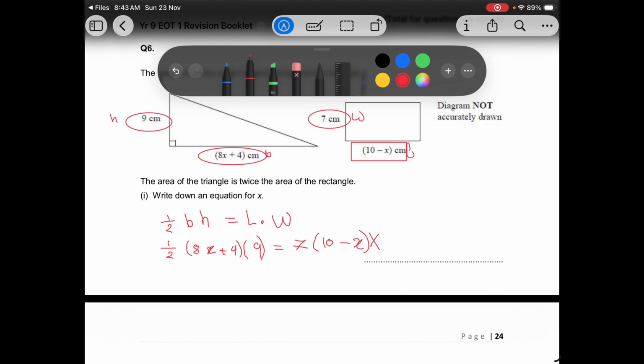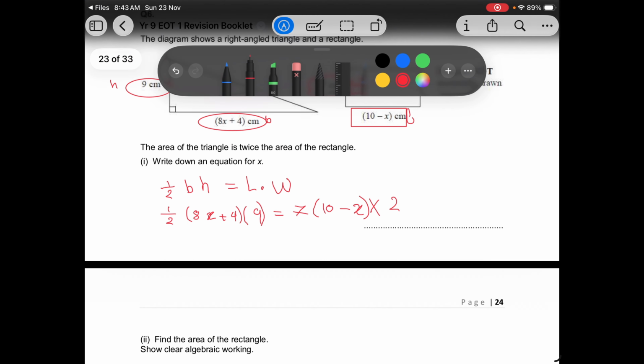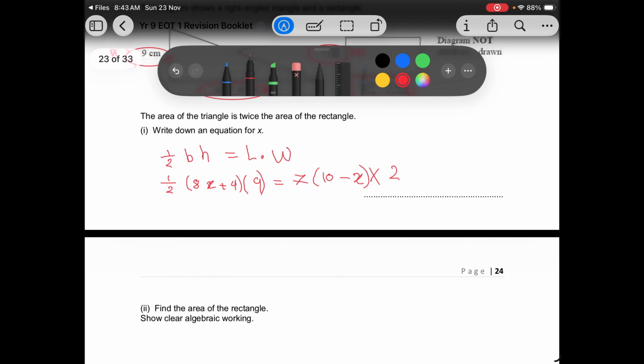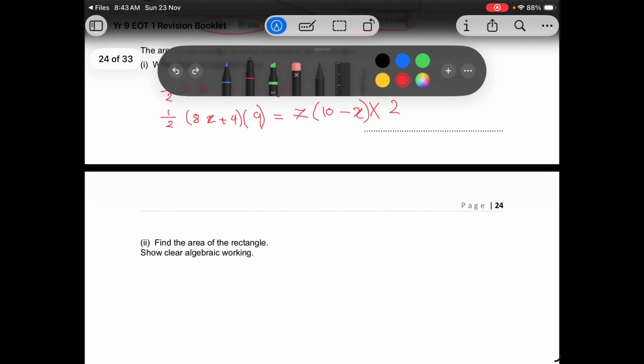Because this is the area of the rectangle, and this is the area of the triangle, which is double, 2 times, so times 2. So I have to put this times 2 here to make things correct. Okay, now how to work here.